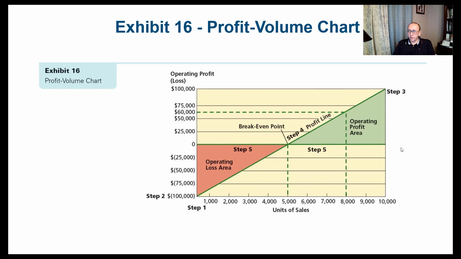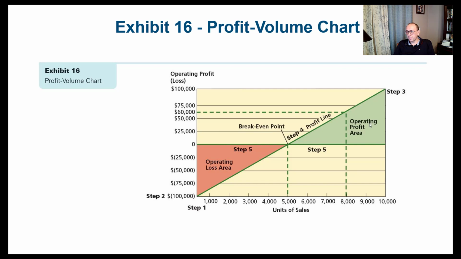The break-even point would be this point here where the profit line intersects with the 0 line. I call that the 0 line, which is a horizontal line parallel to the line where we have the units of sales. But notice here it's a 0. So at this point, that's the break-even point.